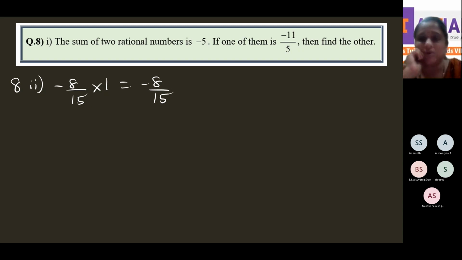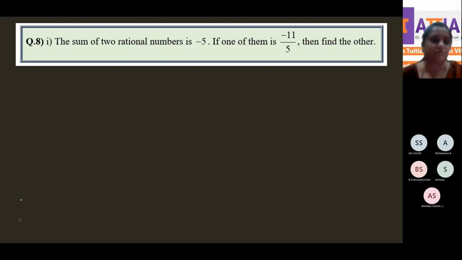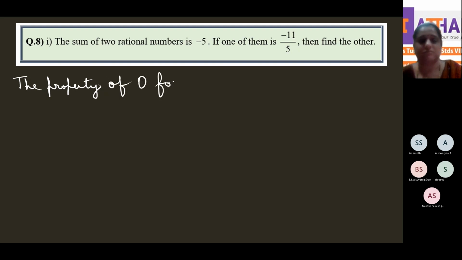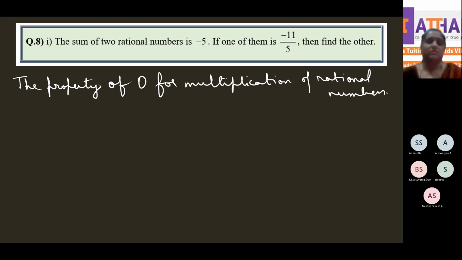The property of 0 for multiplication of rational numbers, because any rational number into 0 is 0.